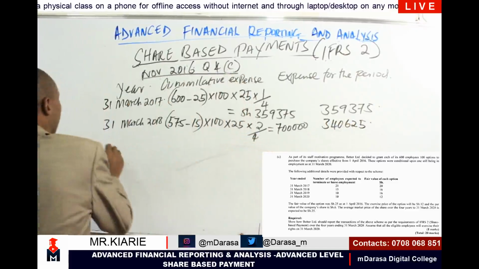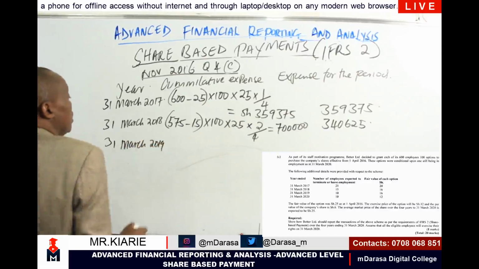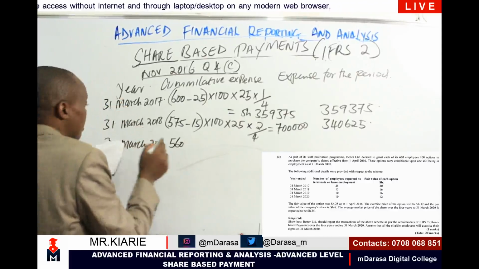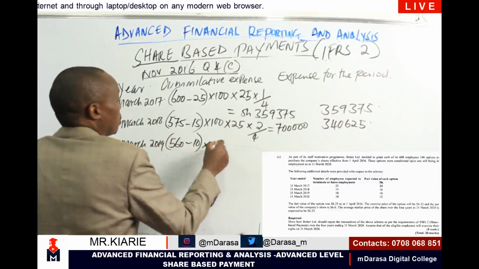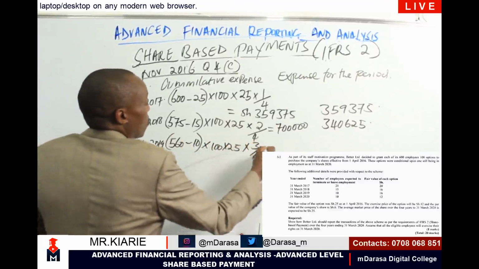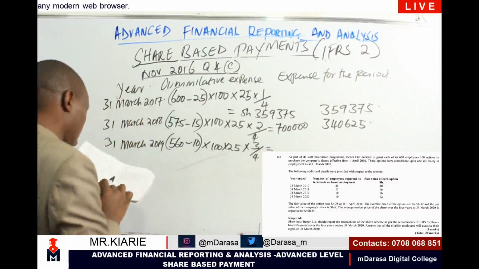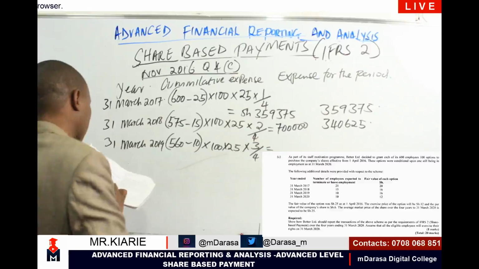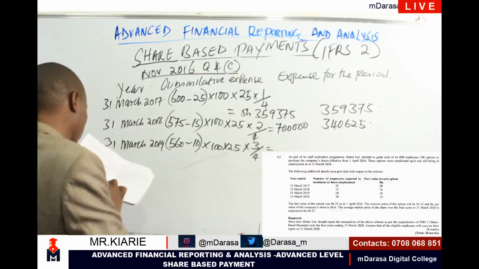I get to the third year ending 31st March 2019. I had been left with 560 employees, and another 10 are leaving in the third year, times 100 options times 25 times 3/4. So this gives me 560 minus 10, 550, times 100 times 25 times 3 divided by 4.